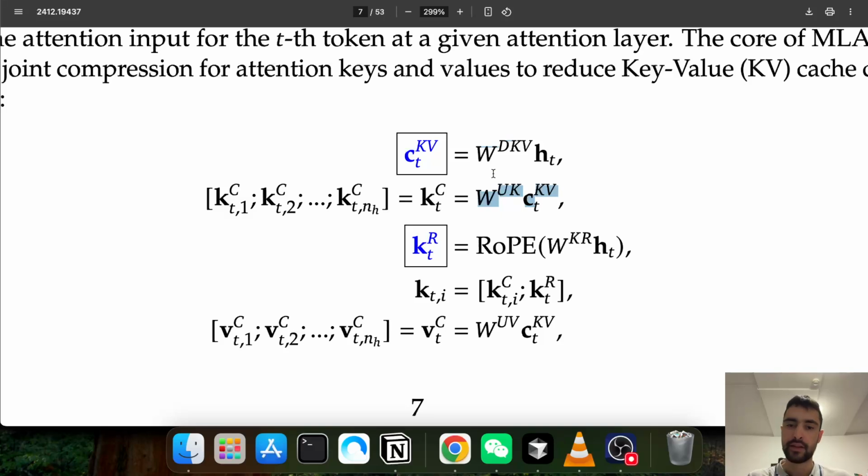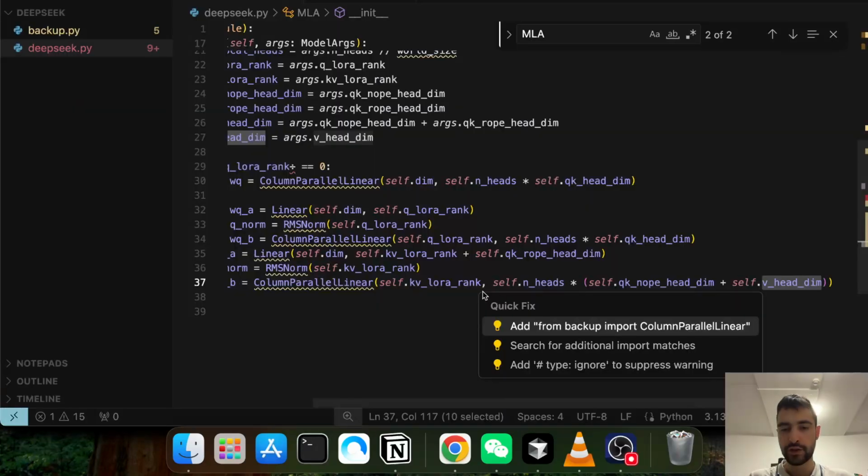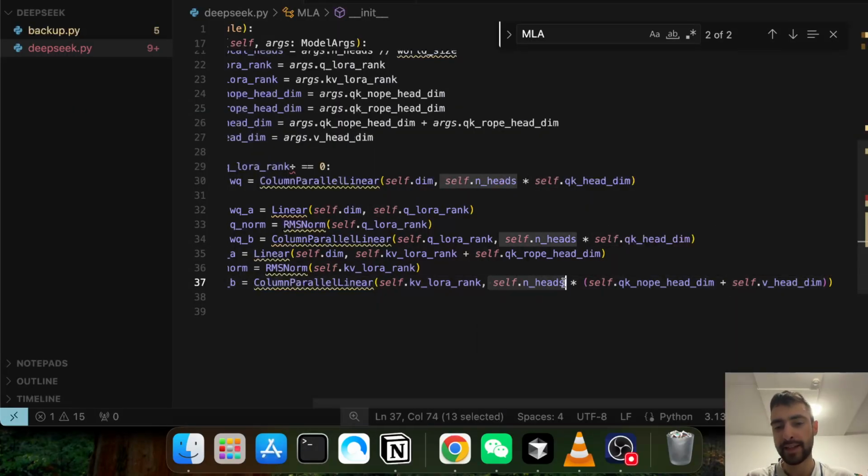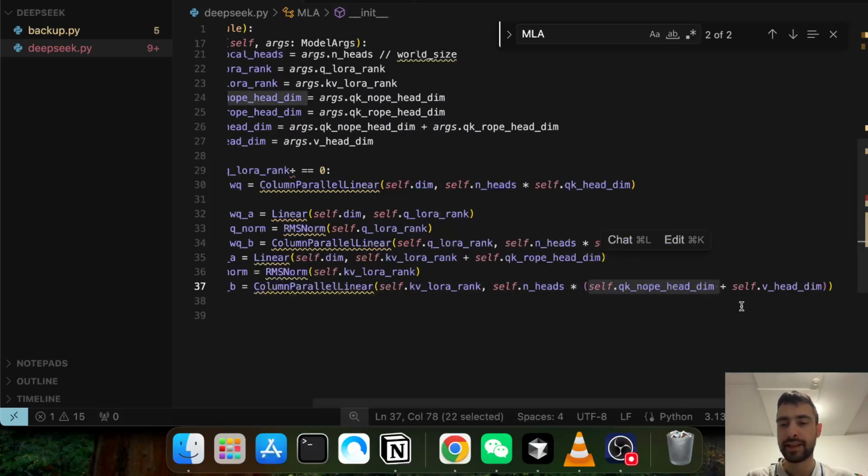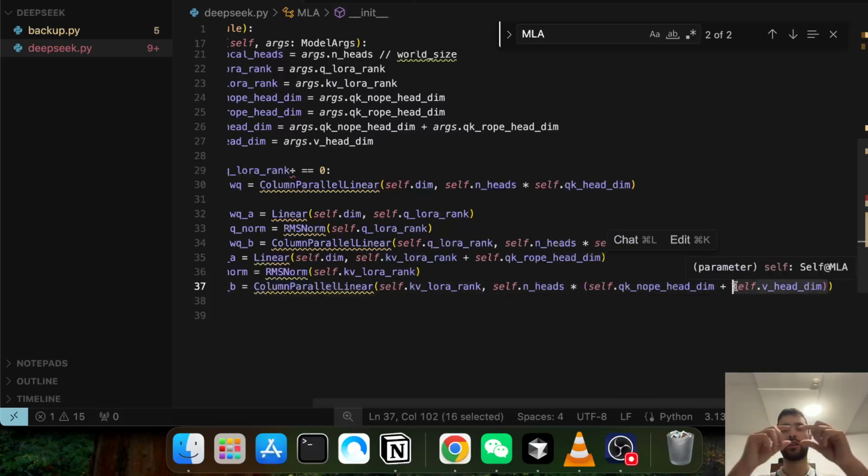So the input is going to be just this, but the output needs to have this length, the first part of the output, and the second part of the output needs to have this length. And then we will just split the output into the key and into the value, and that's it. So you see here, the length of the output is number of heads times head dimension in the key and head dimension in the value. So we will get a very long vector and split it into key and value later.